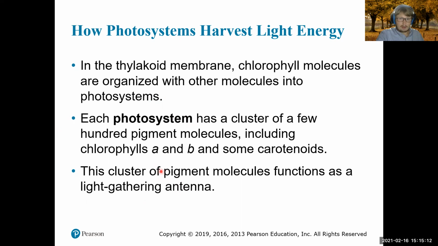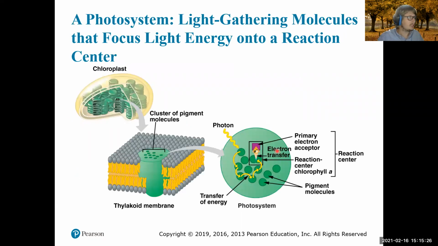That photosystem and the cluster of pigments it holds basically function as a light gathering antenna. So it gathers all the light that comes into contact with that chlorophyll molecule. Here we have a figure showing this, where we have a chloroplast, grana stacks with thylakoids.